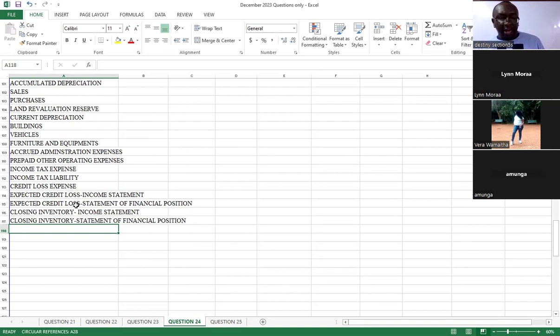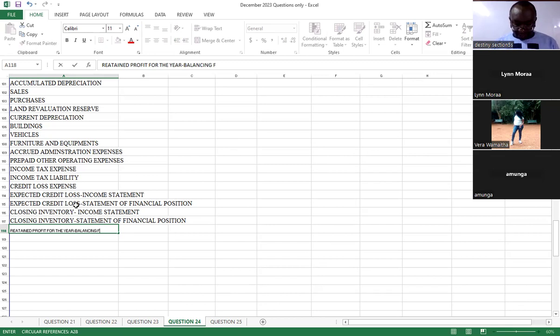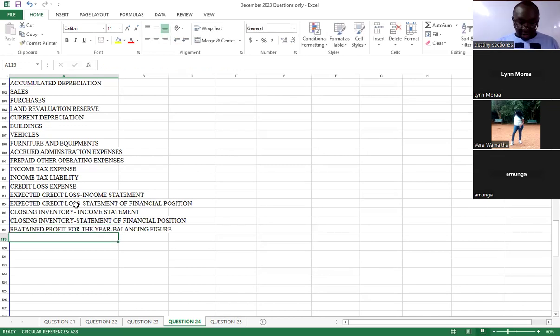So with that now we can just get the retained profit. The retained profit for the year, and this one will be our balancing figure. Then finally, we will have the total.